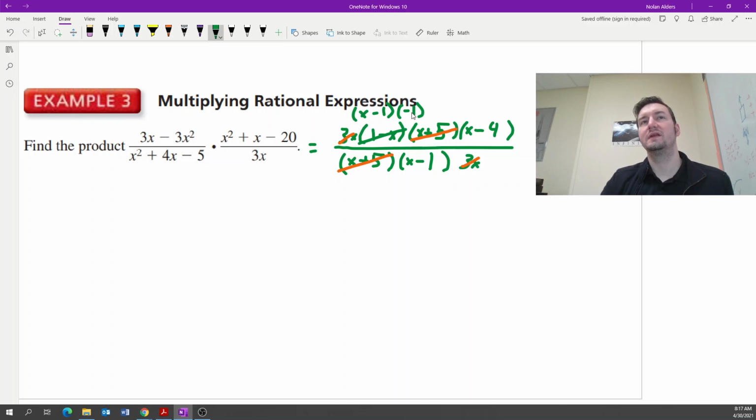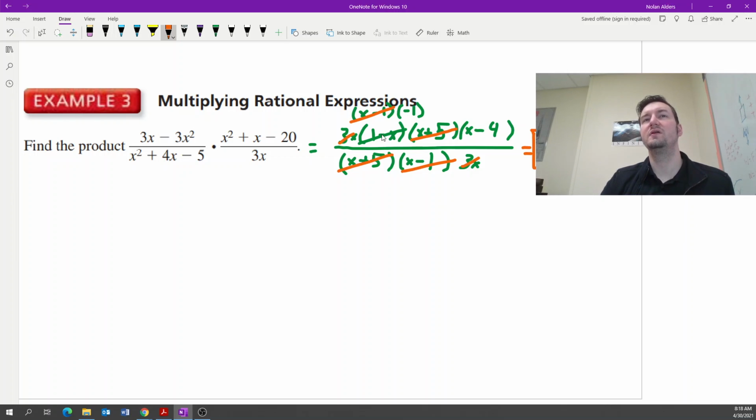Because the negative 1 times this would get us back to here. And then we can cancel the x minus 1 and the x minus 1. So all we're left with is stuff in the numerator, which is negative 1 times x minus 4. Negative 1 times x is negative x. Negative 1 times negative 4 is positive 4. So there you go.